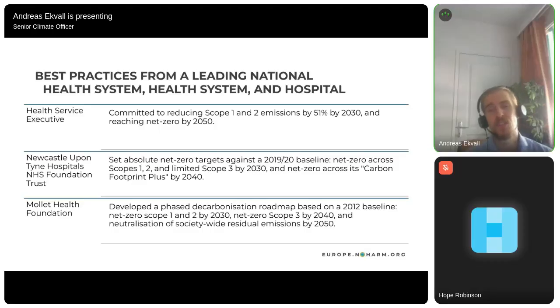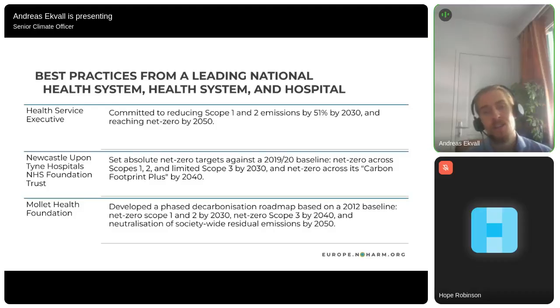There is currently no single unified framework for setting targets across the European healthcare sector. We are facing a regulatory gap. Broader rules like the European Union's climate commitments or the Corporate Sustainability Reporting Directive often do not trickle down to the level of an individual healthcare system or hospital.